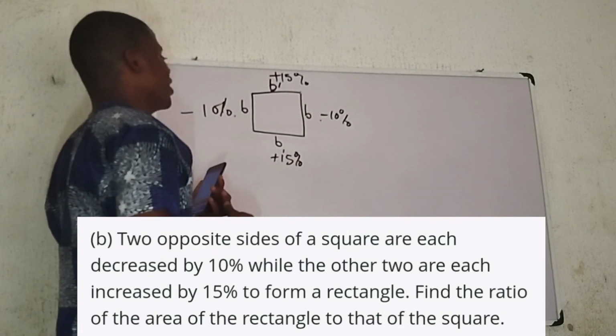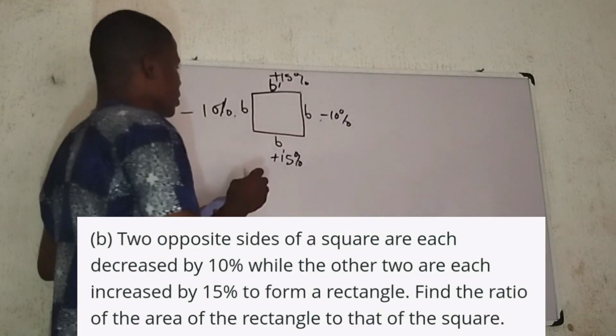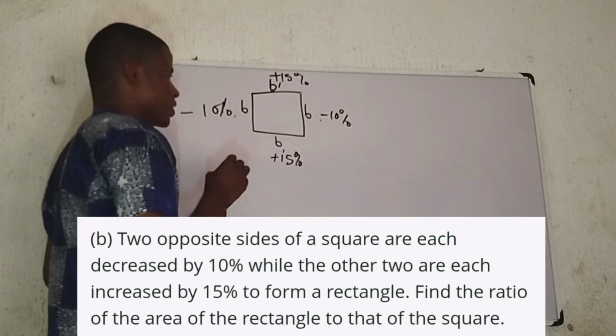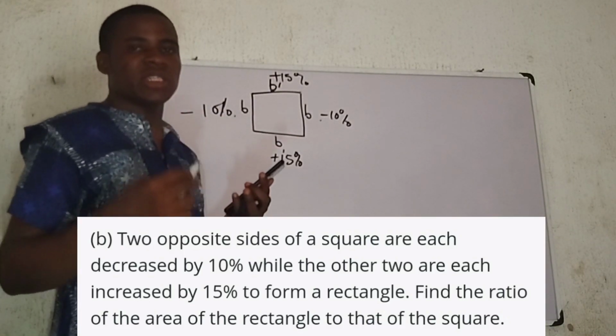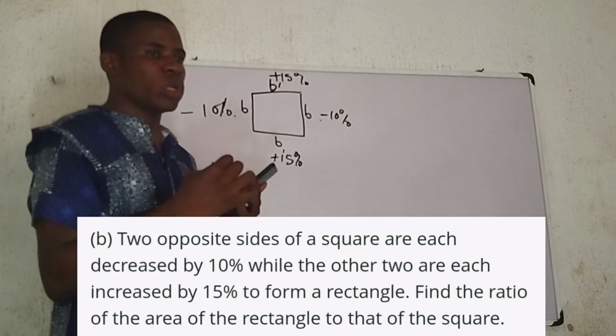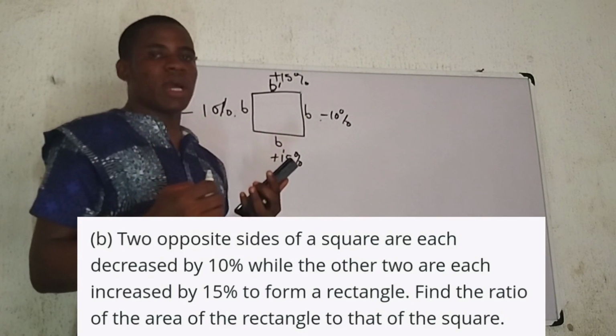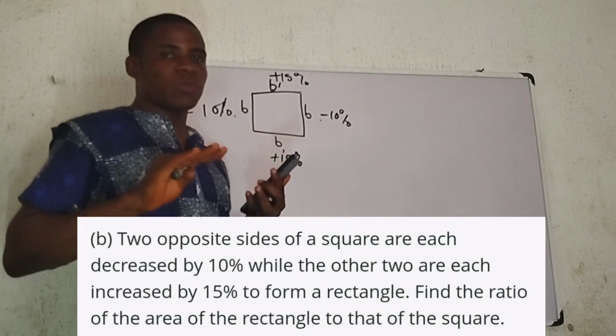Now watch out. If I decrease here by 10%, what am I going to form? Now, listen, decreasing by 10% is just like if I ask you to decrease 15 naira by 10%, what are you going to do? The shortest way is to take the 15 naira as 100%, the maximum level.